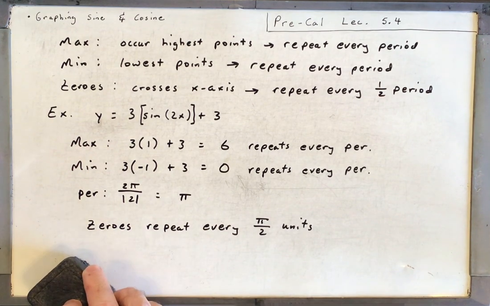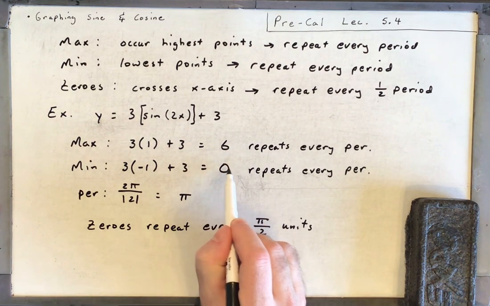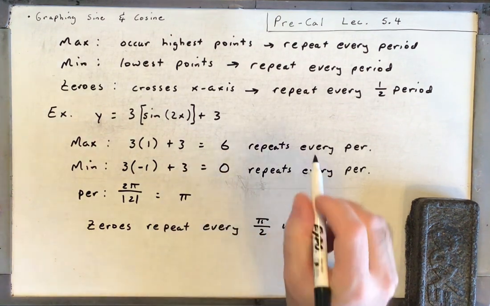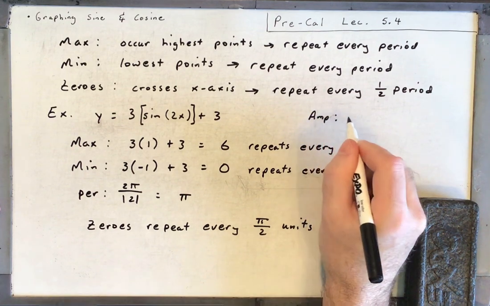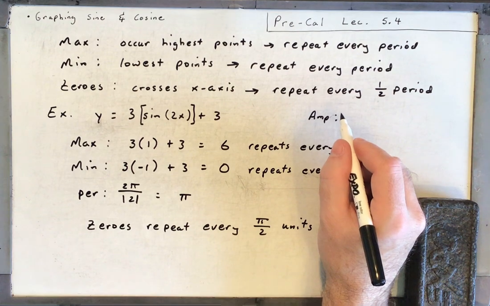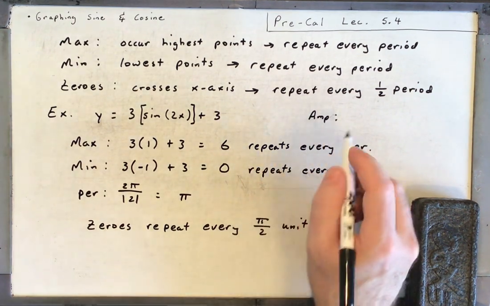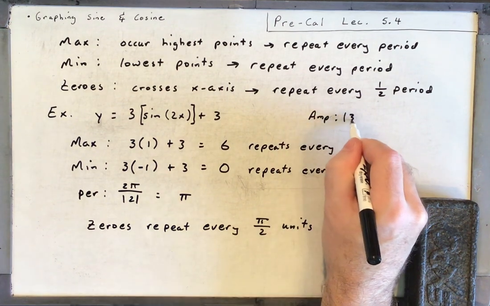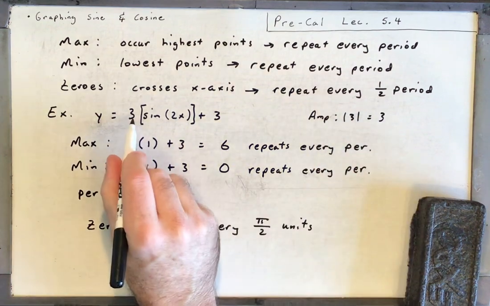I'm really wanting to know what is the max, what's the biggest y value, what's the smallest y value, the min, what's the period. We also, what is the amplitude? All right, on this one. So the amplitude is going to be 3, right? The absolute value of 3. Right, that number in front.